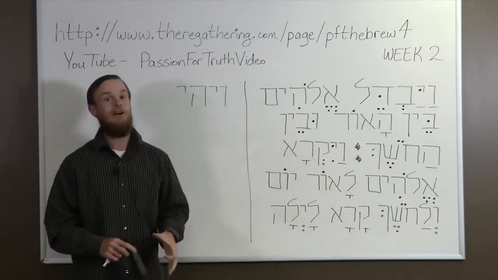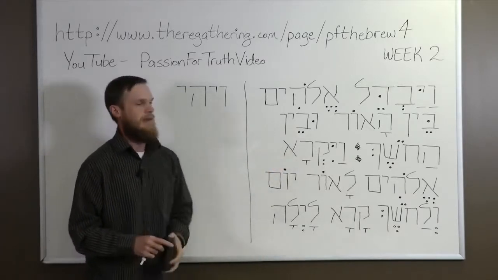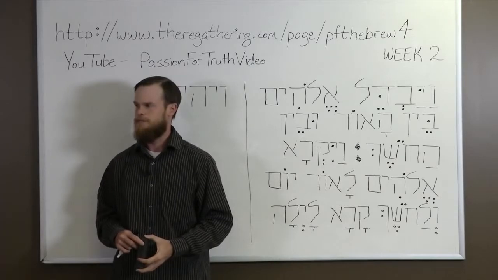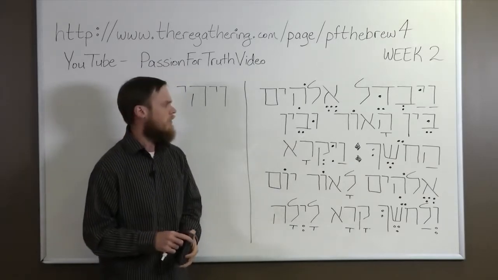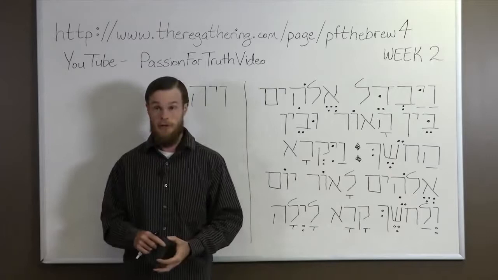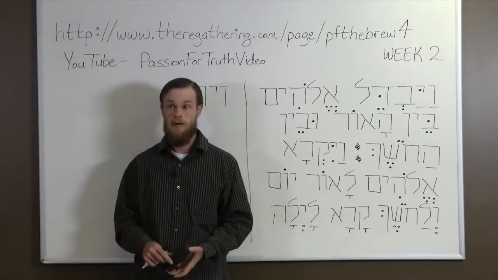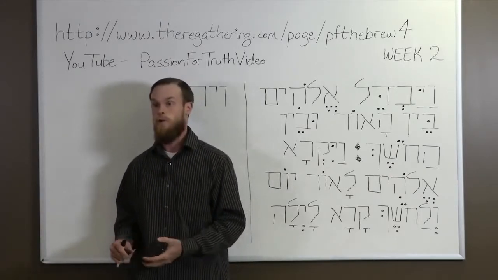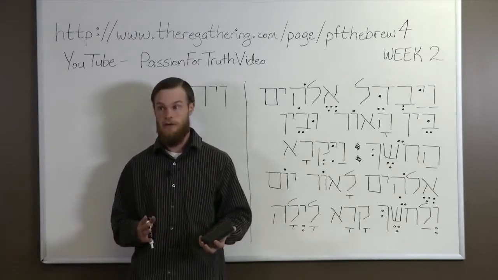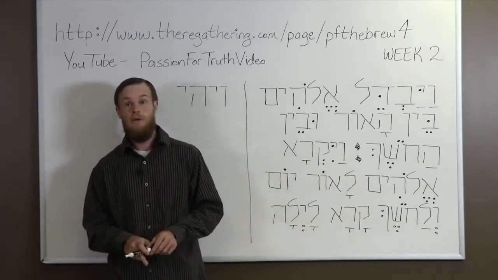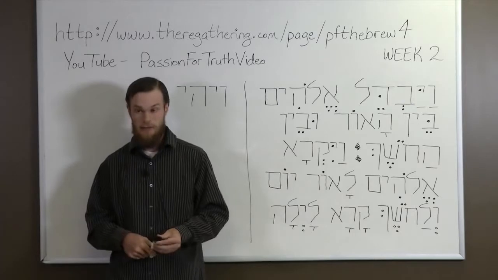Incidentally, Vayikra is the name. I didn't mention that, I don't believe, last week. A lot of the Hebrew books, meaning the books of Scripture, are named after one of the first few words in the book. So their names are different when you translate them than the names that we have in English.